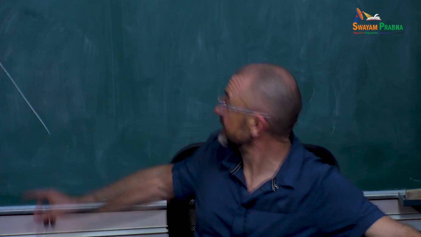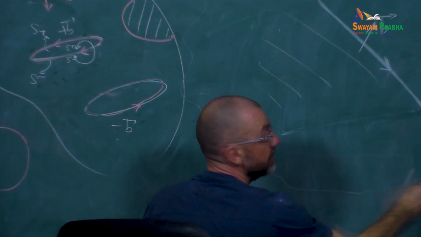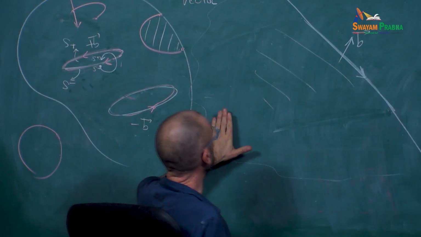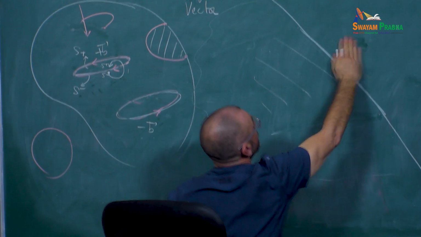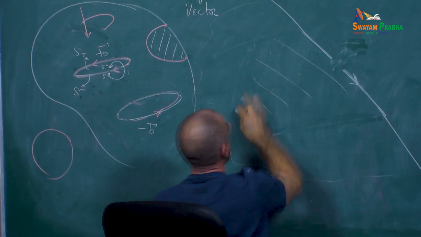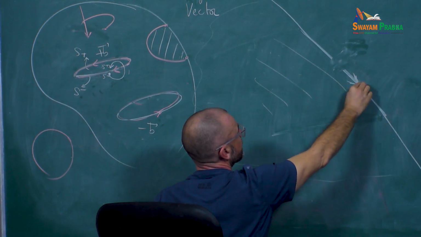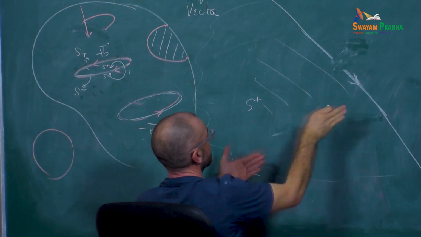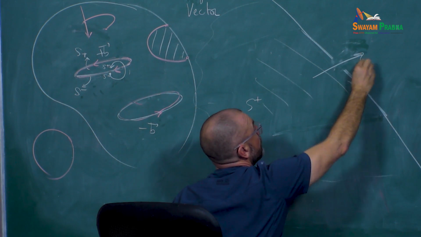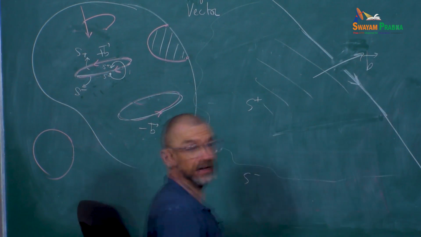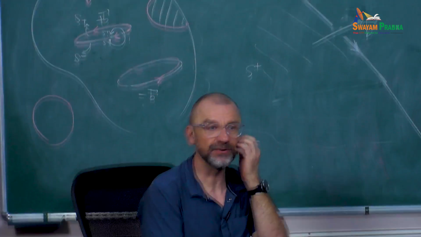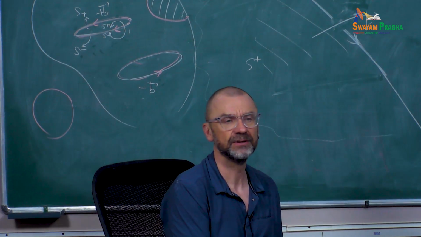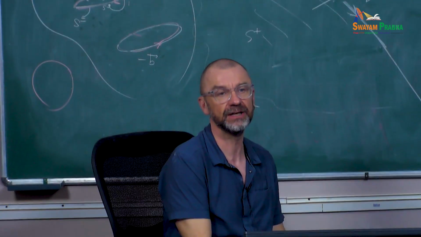So I have a line here, and I have a half plane, which is here. I cut the half plane, and if the sense is like this, S plus is on this side, S minus on that side, and so I do a shear here of the Burgers vector B like that in the plane. So that's method one.